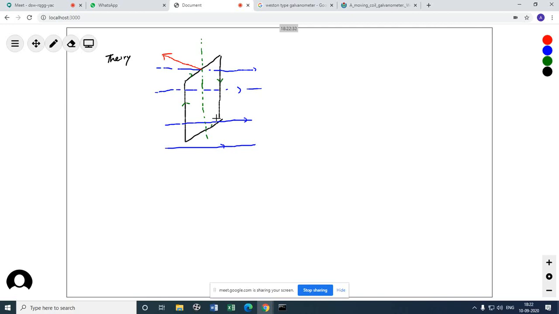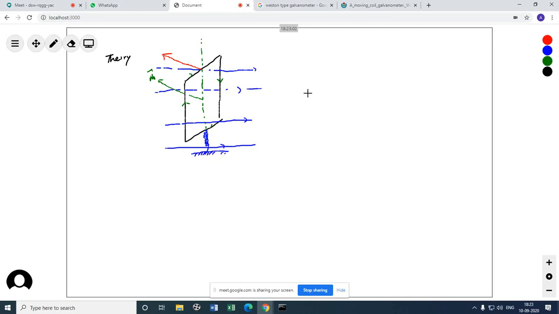we know the direction of current also gives me the direction of this arrow, which is the area vector or magnetic moment vector. I will write this as the area vector only. Okay, there is a phosphor bronze spring at the bottom. The purpose of the spring is to give a counter torque.